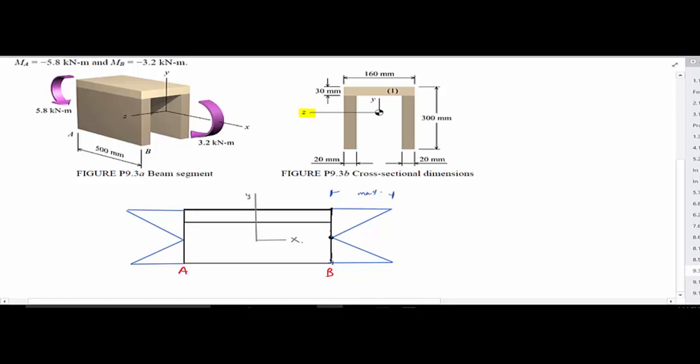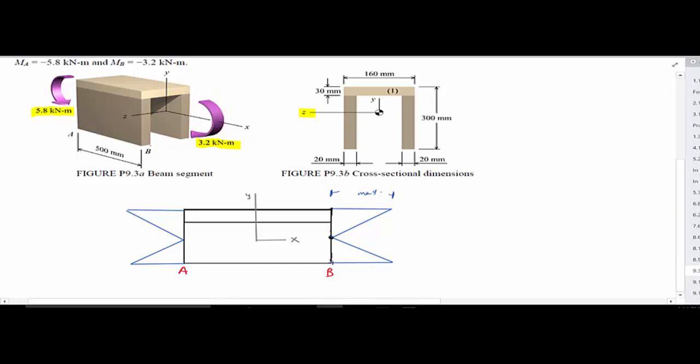Based on observation, we can look at our internal moments, the purple half circles up here on this other diagram. We have 5.8 kilonewton meters and 3.2 kilonewton meters. By our sign convention, both of these are negative moments.